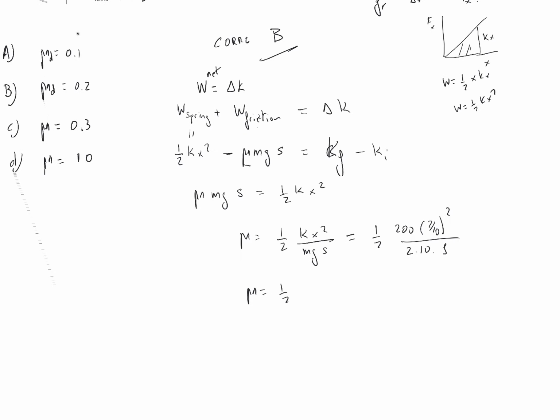Now mu will be 1/2, 200, 4 divided by 100, divided by 20. So it will be 1/2, 4 divided by 100, 200, so it's 8 divided by 20.